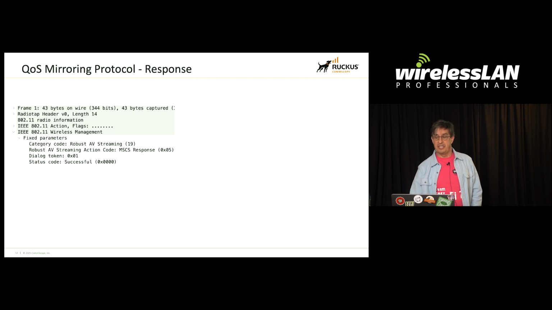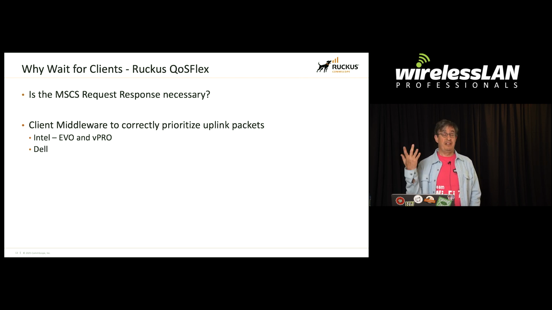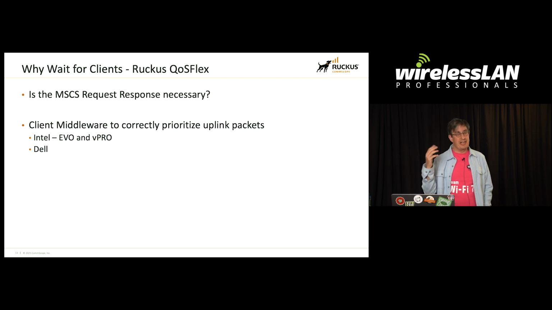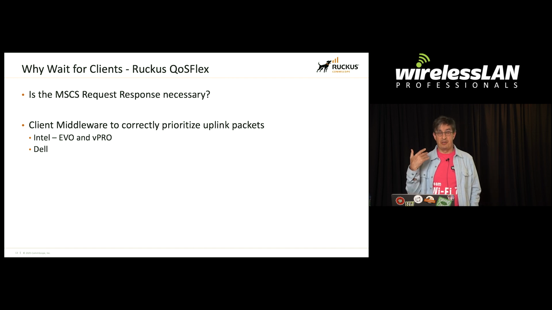The other way of doing this is you just ask yourself, why do the clients actually have to make a request? It seems inherently obvious that if the clients are correctly prioritizing the traffic, the AP just turns around and mirrors that traffic in response. So we have a mode of operation in Ruckus APs where we just mirror what the client does. You can turn that on and just start mirroring right now without having to wait for client software to make that happen.